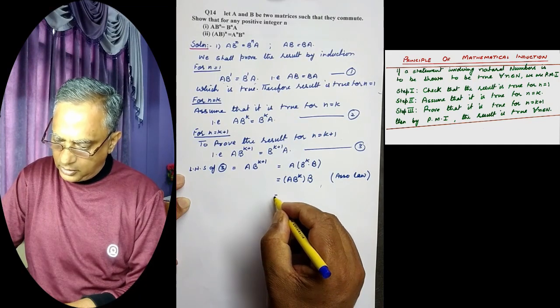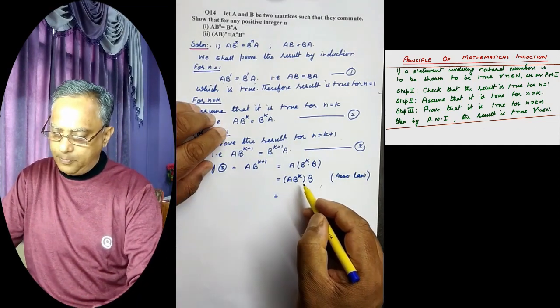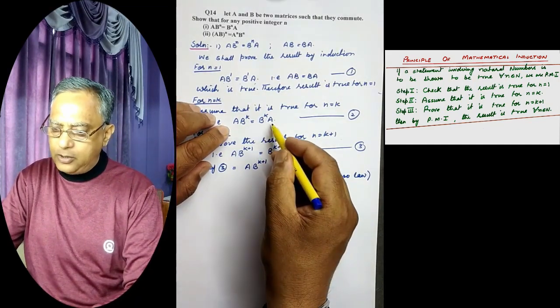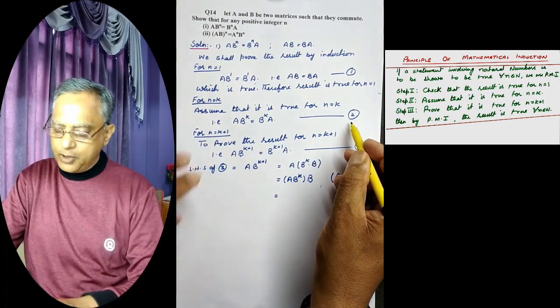So this is equal to, now AB to the power of k is B^k into A by assumption.